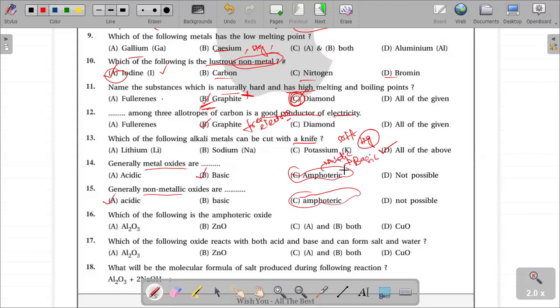If a compound has both acidic and basic nature, then it is an amphoteric oxide. Aluminum oxide is an amphoteric oxide, zinc oxide is an amphoteric oxide, and one more thing you have to add, lead oxide, PbO, is also an amphoteric oxide.